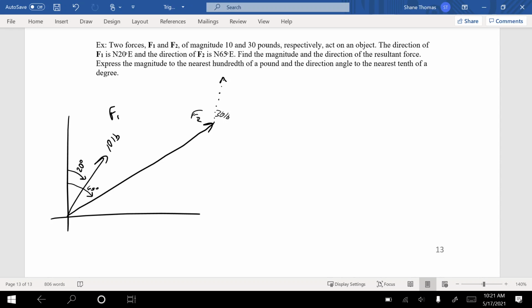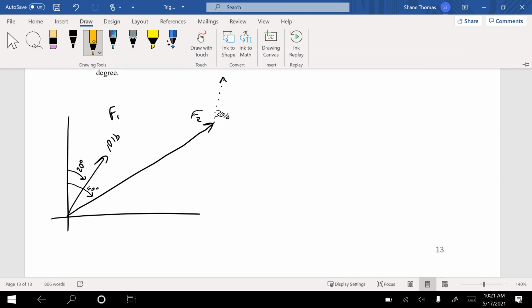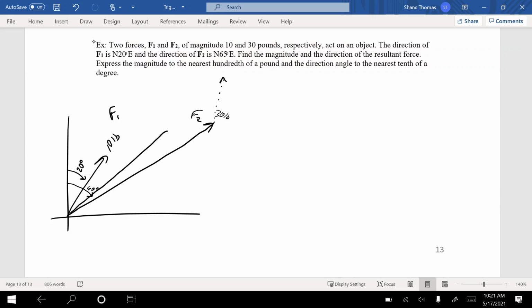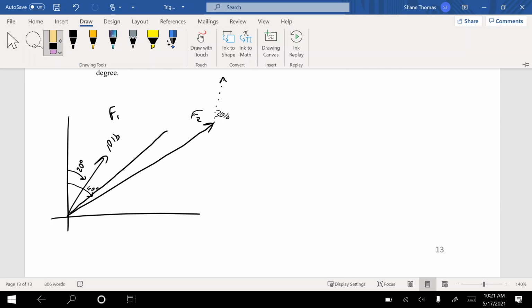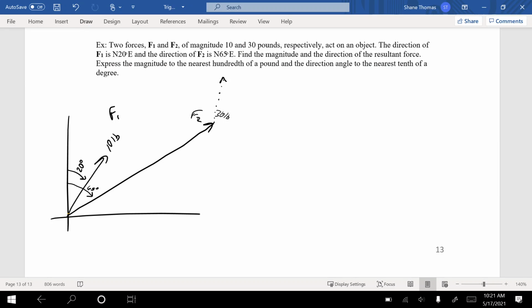So now my resultant vector, I'm going to draw this in a different color. So basically it's saying it is this force plus this force. This is how much force you would have. This is how far you're going to go, what direction you're going to go in.